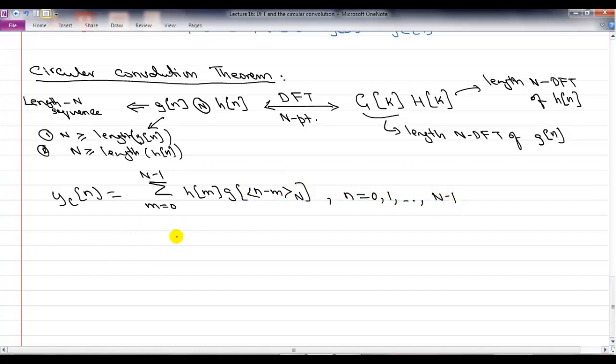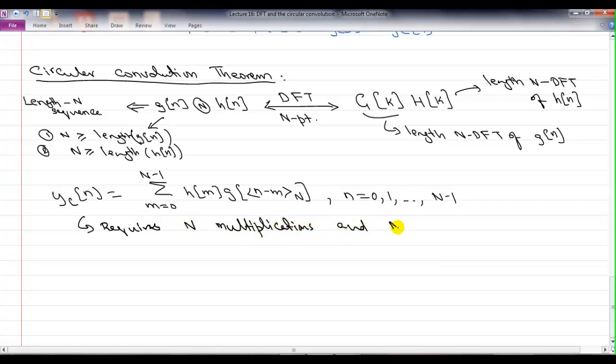If you stare at this expression, what you see is that for each little n, we need capital N multiplications, and we need n minus 1 additions. So computing each sample of circular convolution requires n multiplications and n minus 1 additions.